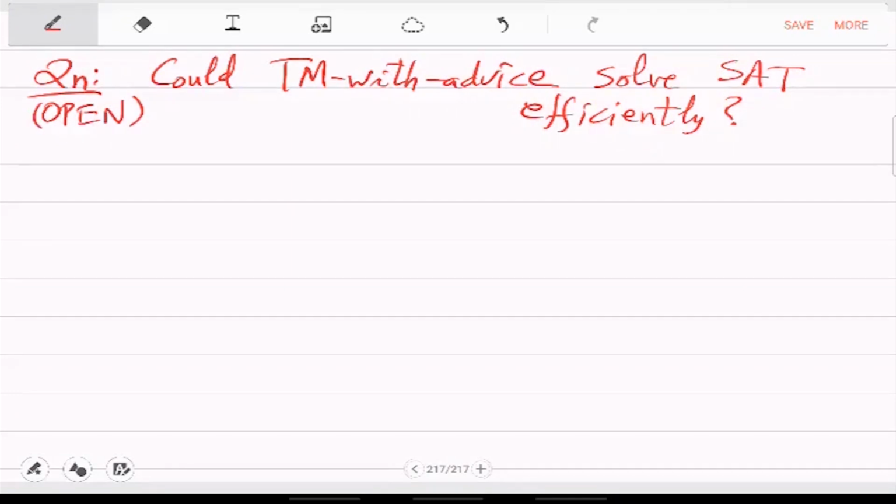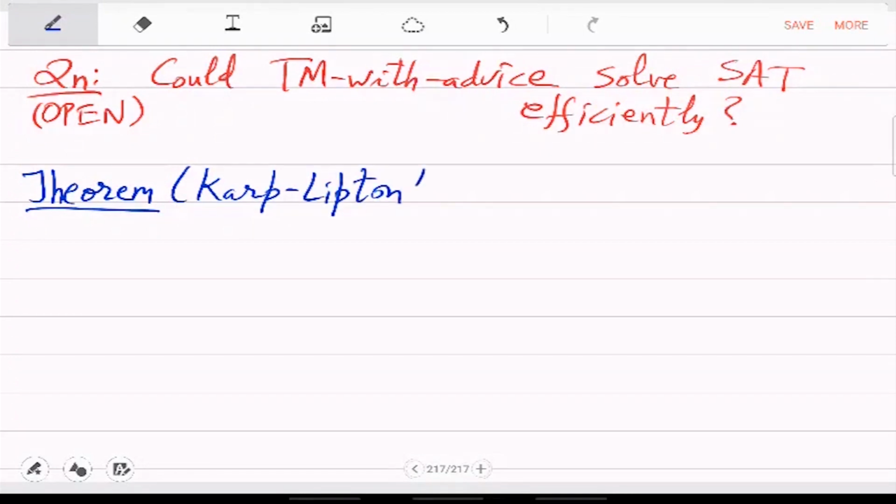But what we will show is an interesting polynomial hierarchy collapse. So, we will show the following theorem. This was done by Karp-Lipton (1982).